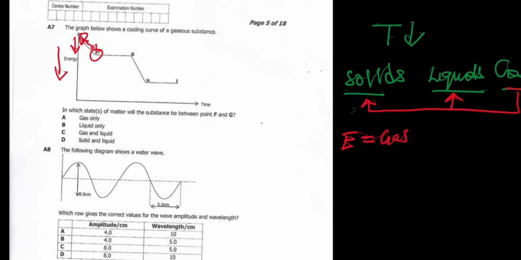Now when it reaches F, notice that the temperature remains constant between F and G. Now the reason why that temperature remains constant is because that temperature is no longer being used to reduce the kinetic energy of particles, because the gaseous state of matter is in a state where particles are moving rapidly because they have too much kinetic energy.